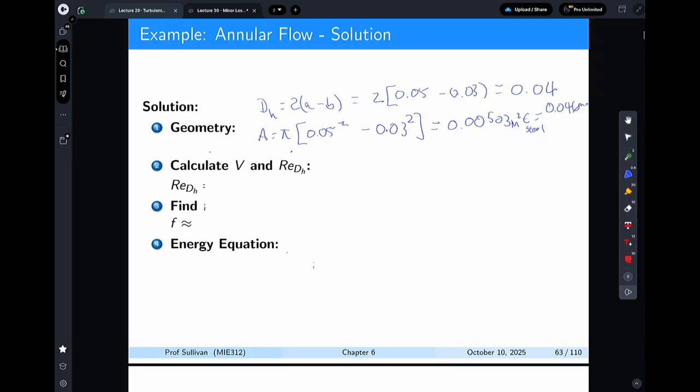Okay, so I have everything I need. Velocity is Q divided by A, 0.01 divided by 0.00503, or about 2 meters per second coming out of that. So I have a velocity.